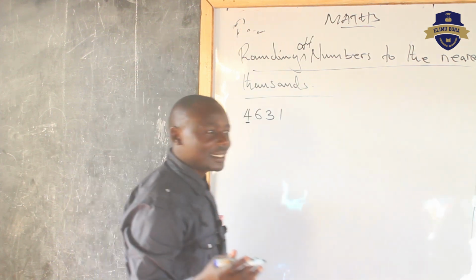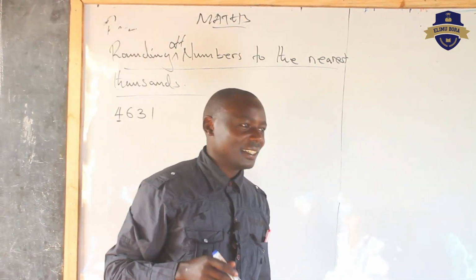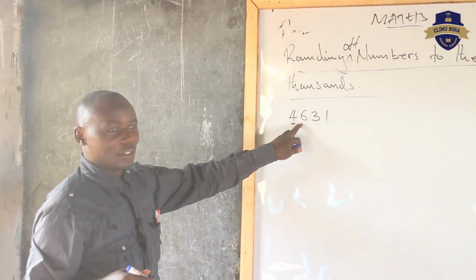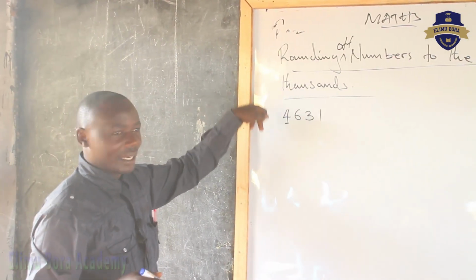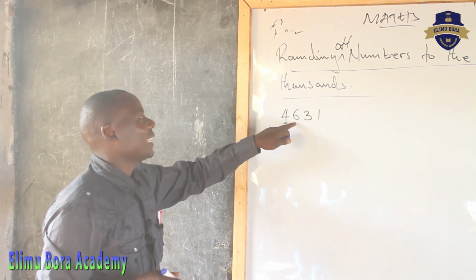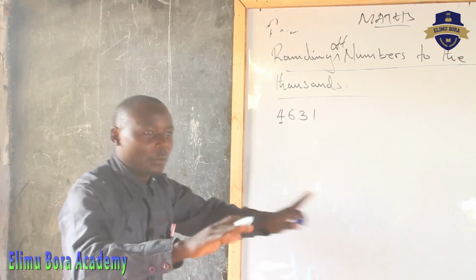And we have said you consider the next number. If the next number is greater than 5, then you carry 1 to the thousand. If it is less than 5, then the number will remain the way it is.